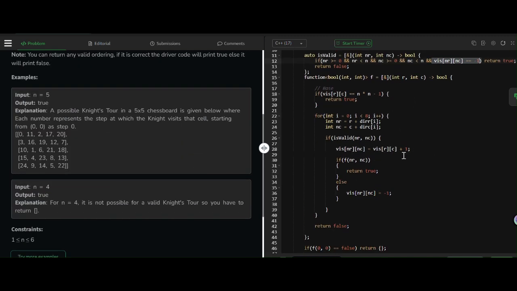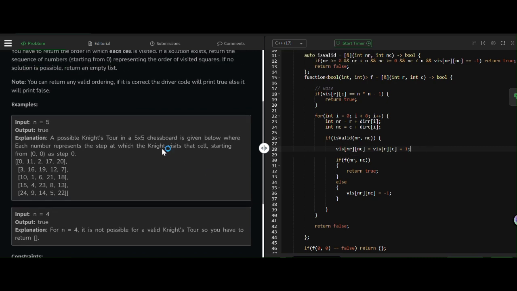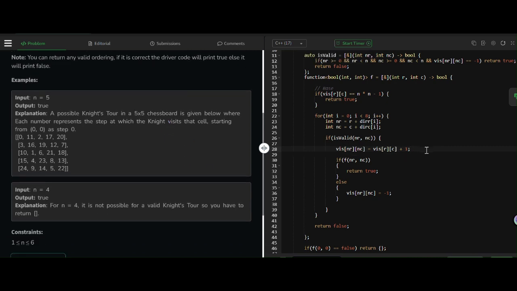Now after checking validity, if this particular cell has not been visited and is within the chessboard, then it means I can make a move, right? So I will make a move and I will add into the visited chessboard that I have visited this particular cell with the move number plus one, from where I am coming, right?